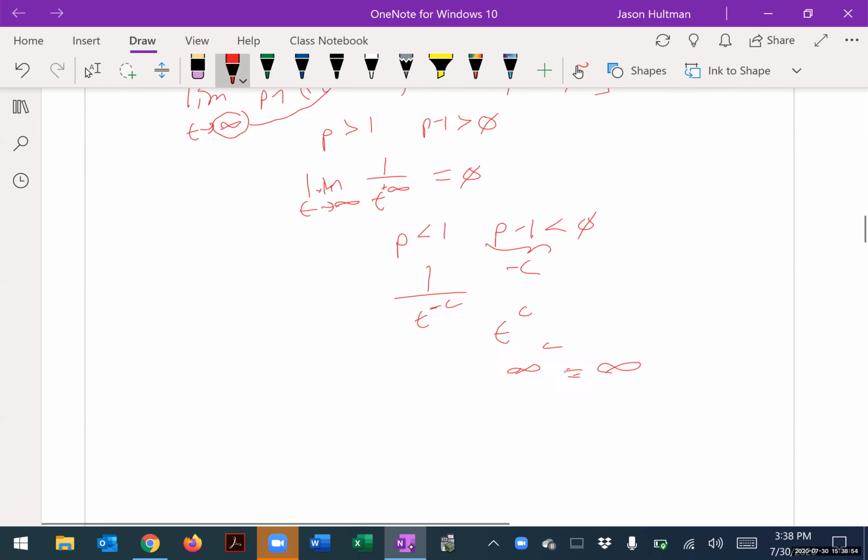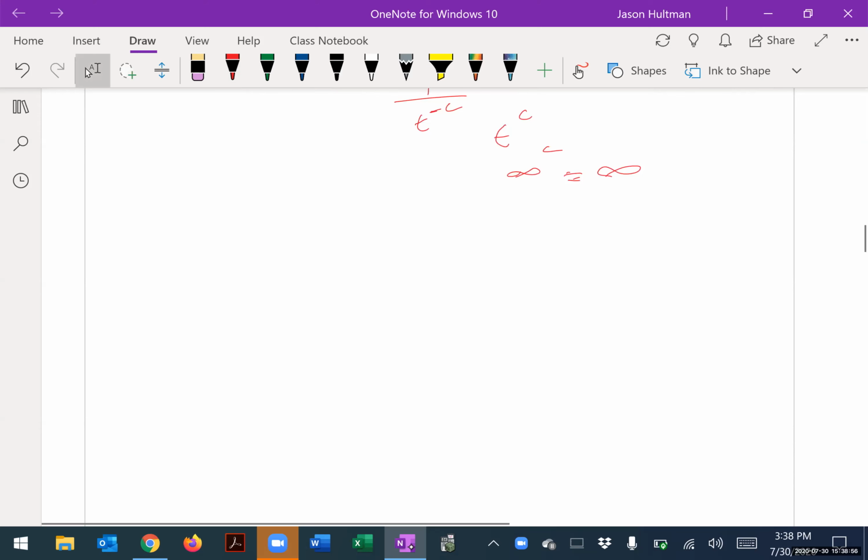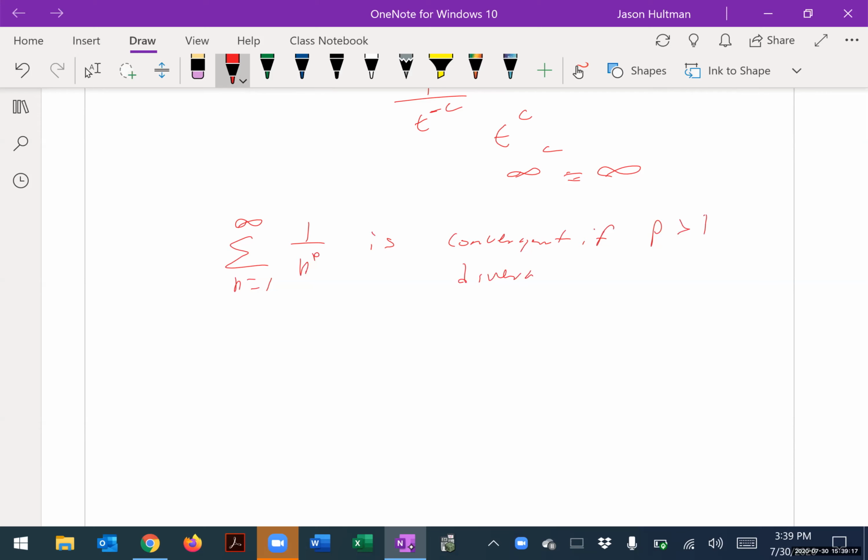So either way, the summation from n equals 1 to infinity of 1 over n to the p is convergent if p is greater than 1, and it's divergent if p equals 1, but it's also divergent if p is less than 1.